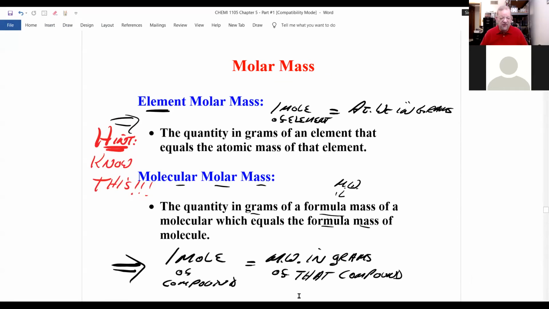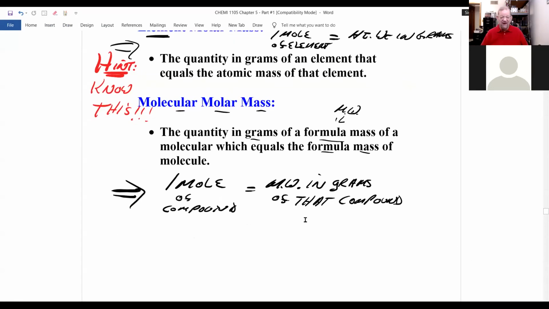Now, good news, in the past, students had to memorize that in my class. However, now, let me open up something.